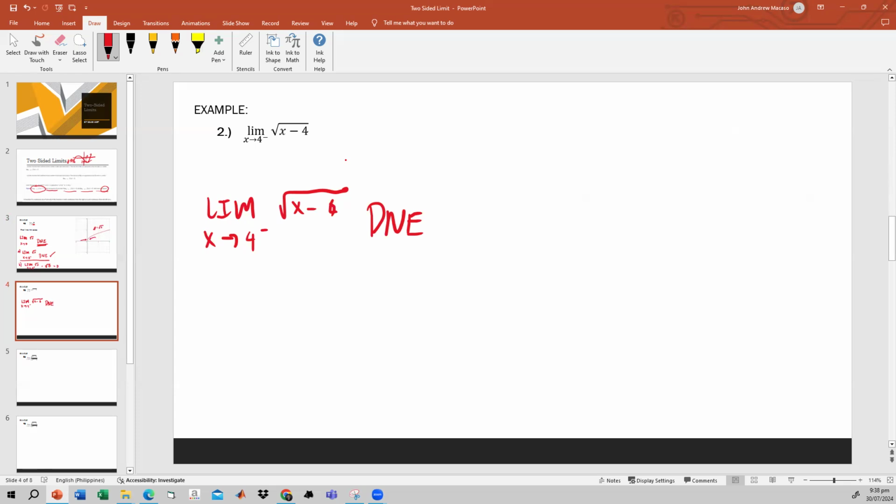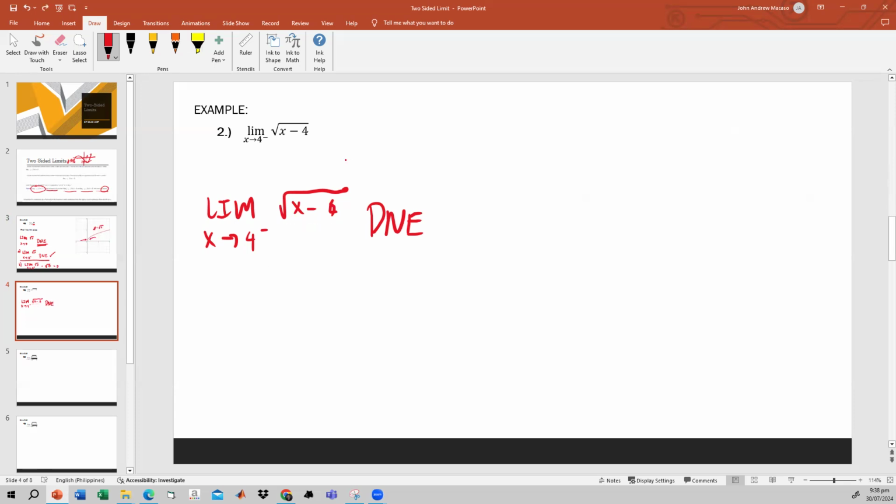Because as you can see here, this will lead to a negative radicand, right? So this will become negative if you try to observe this graph.